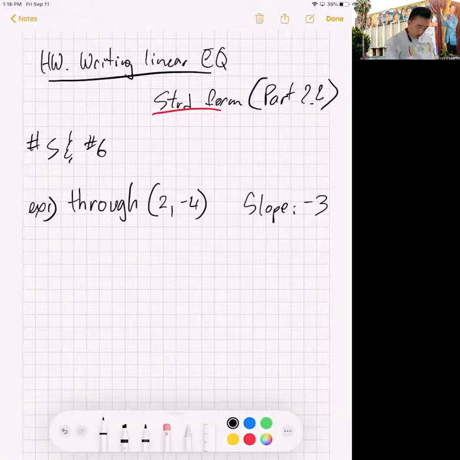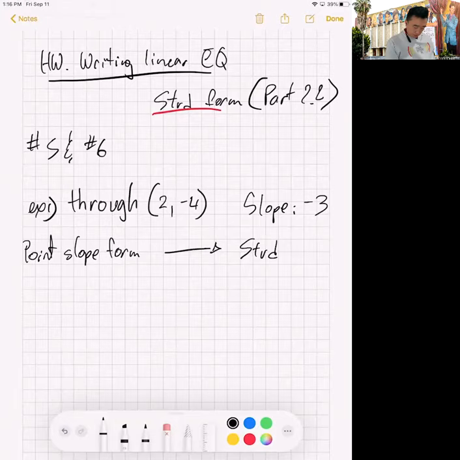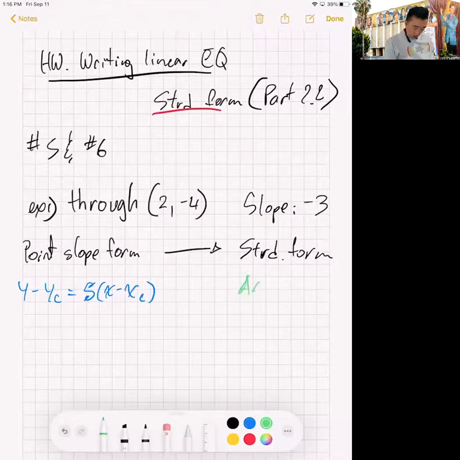So in this case, you have to use point slope form and transform that into standard form. Okay, which means you have to go from y minus y coordinate equals the slope times x minus x coordinate, and that's going to convert into ax plus by equals c.